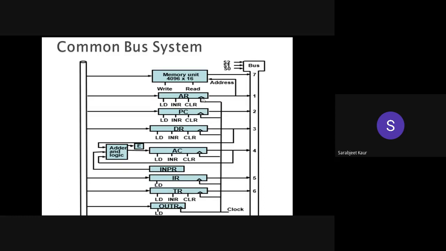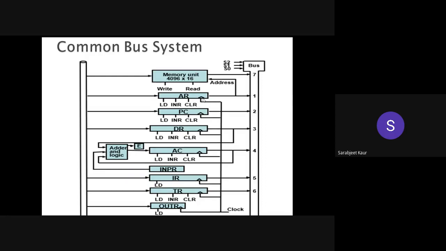The clock input is very important because it synchronizes the entire system. Otherwise, these are individual registers, but when we apply clock input to them, they behave like a system. Why? Because they can operate only when we send a clock signal to them.